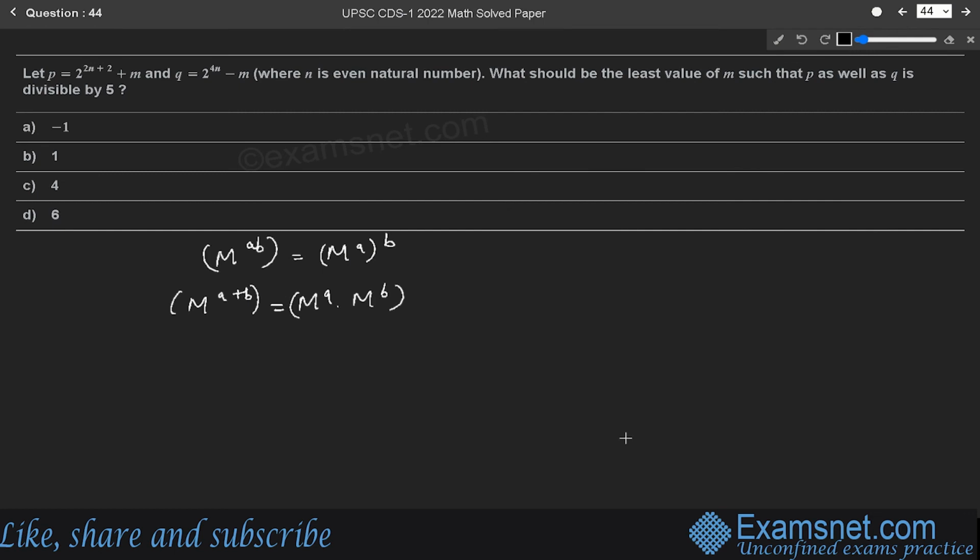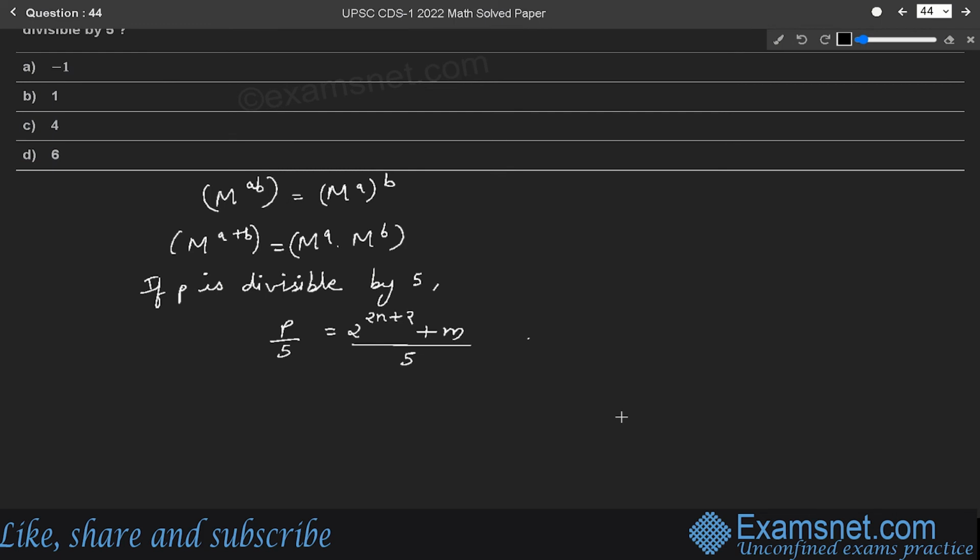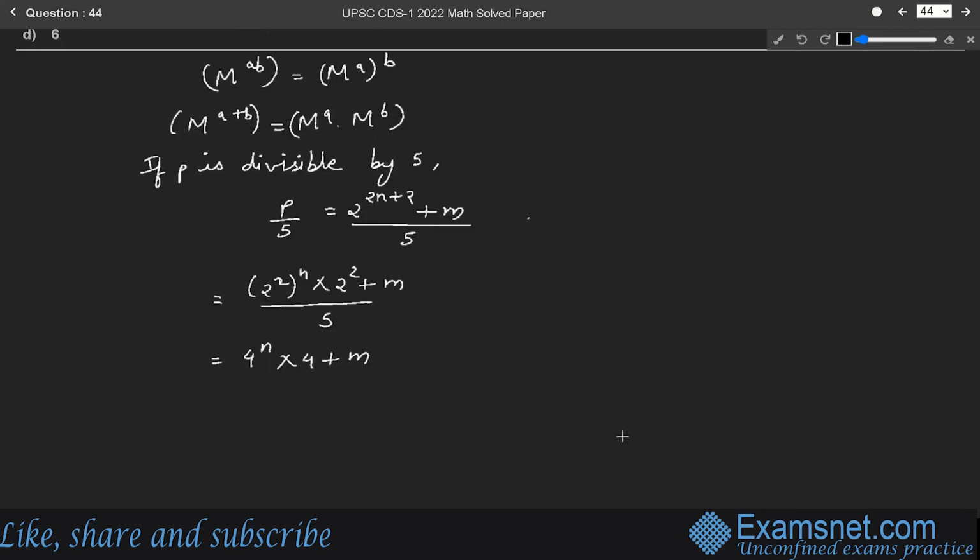Now, if P is divisible by 5, then we have P upon 5 is equal to 2 to the power 2n plus 2 plus m upon 5. Now, using the formula written above, we get (2 square)^n into (2 square plus m) upon 5, which is equal to 4^n into (4 plus m) whole upon 5.